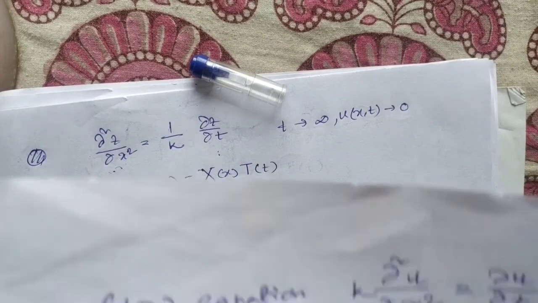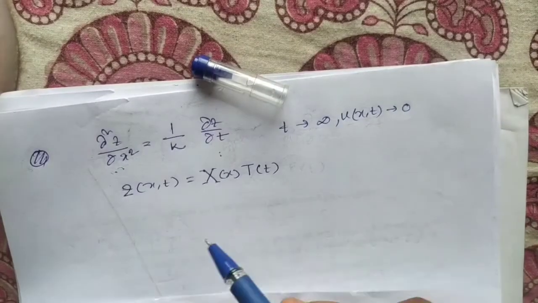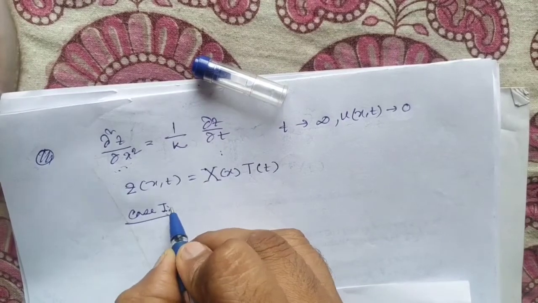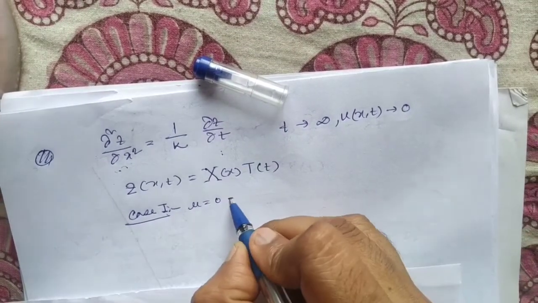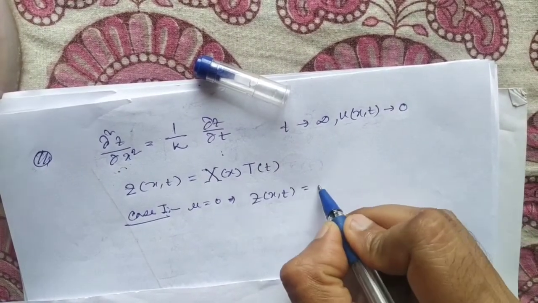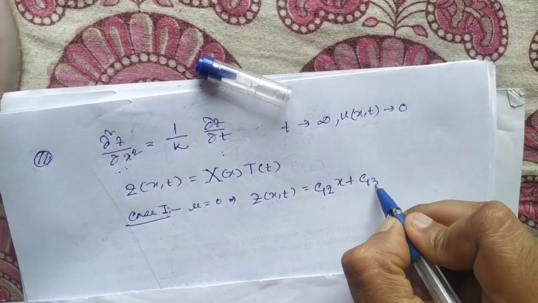See, the first possibility was, for case 1, if you take mu equal to 0, then your solution is z(x,t) equal to c12 x plus c13.